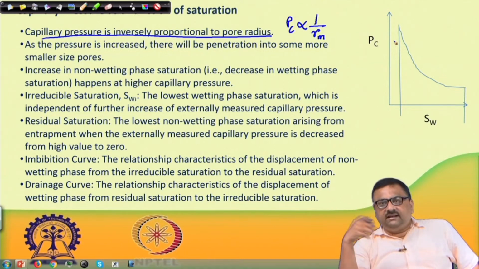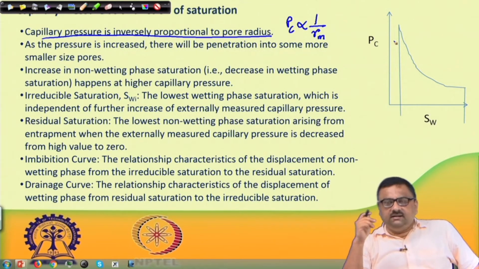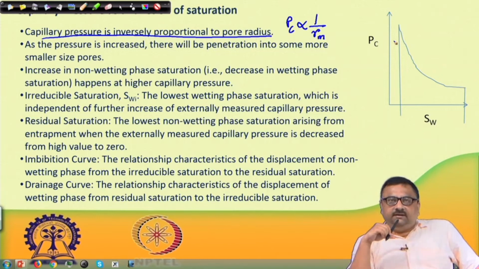If it is a cylindrical capillary, obviously that is the same as the radius of that capillary, or if it is a cylindrical pore, it is the radius of the pore that matters. So, capillary pressure is inversely proportional to pore radius.